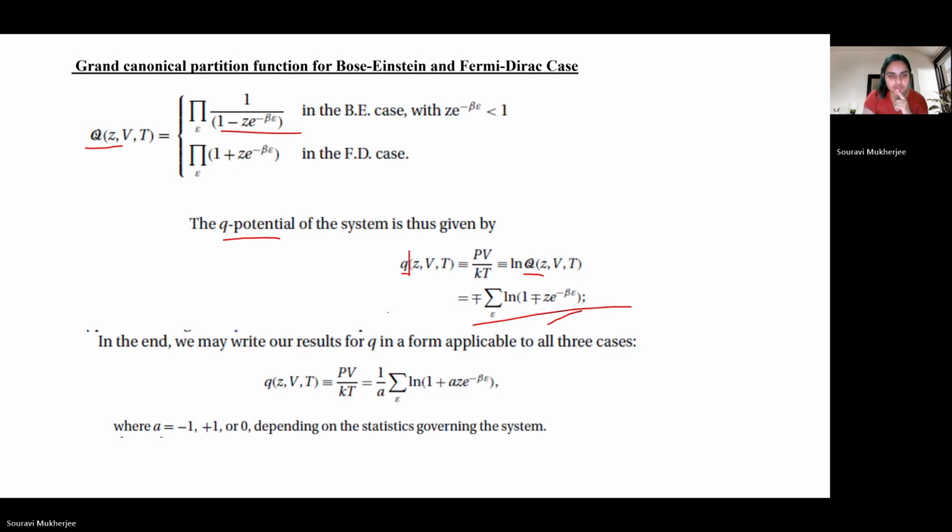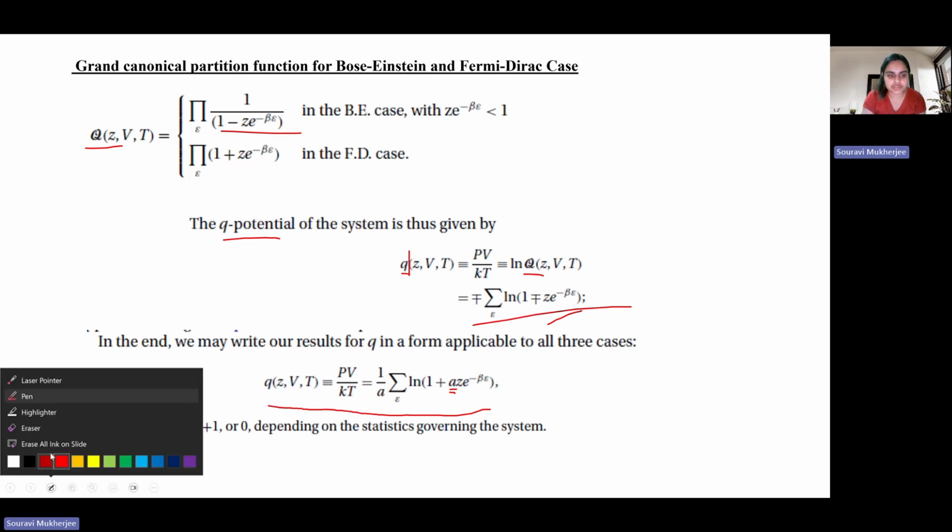Based on whatever type of particle you are talking about, you can write a general expression, where the different values of A correspond to different kinds of particles. If A is -1, it's the Bose-Einstein case. If A is +1, it's the Fermi-Dirac case. If A is 0, then it's the classical particle or the Maxwell-Boltzmann case.